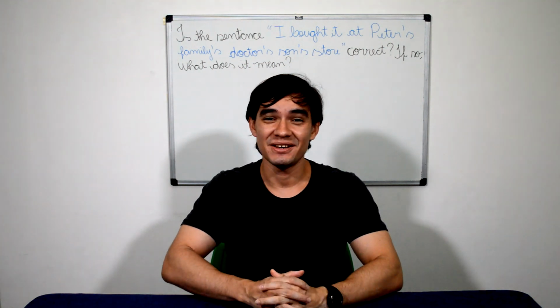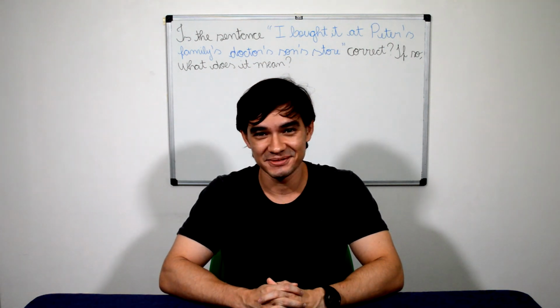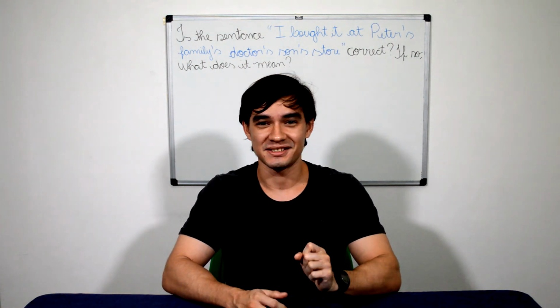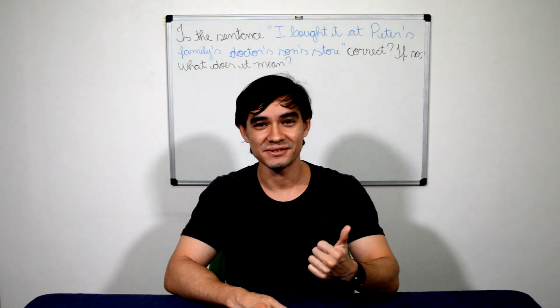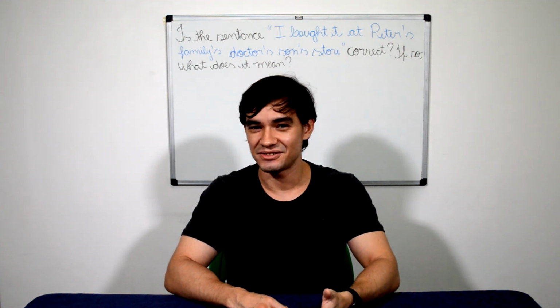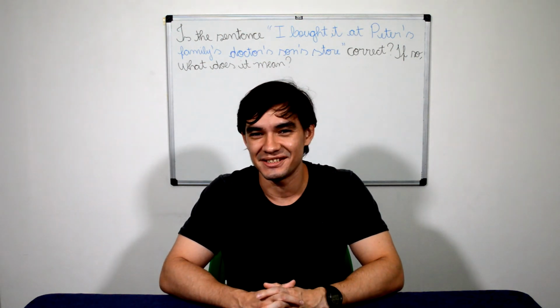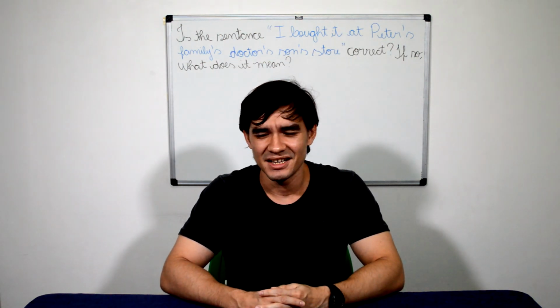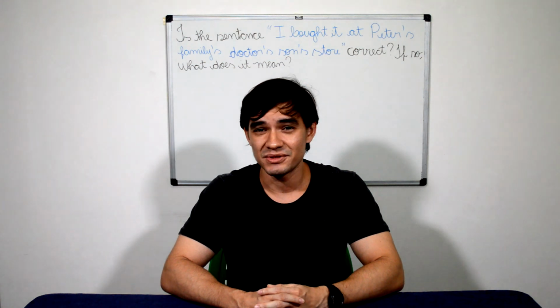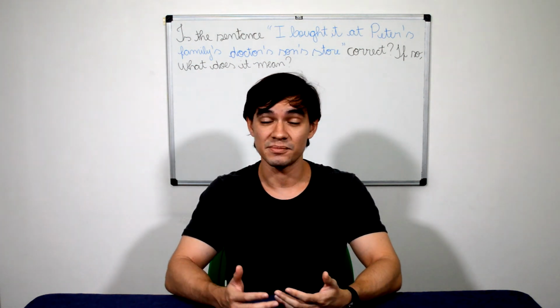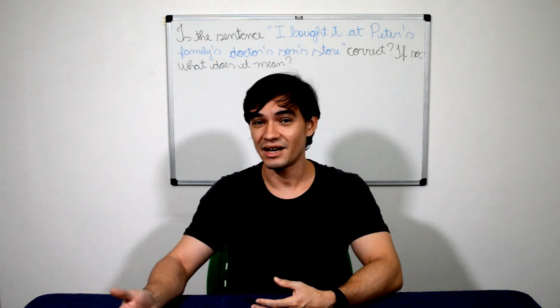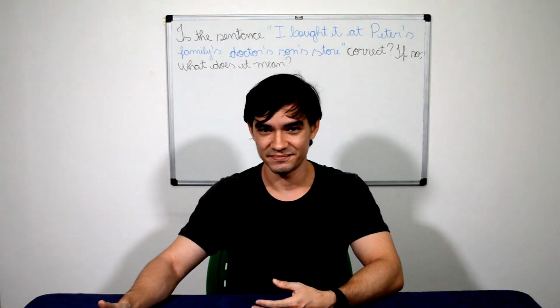And finally, we have today's challenge. Is the sentence, I bought it at Peter's family's doctor's son's store, correct? And the answer is yes. Oddly enough, it's possible to put 4 or more possessives with apostrophe S, one after the other.